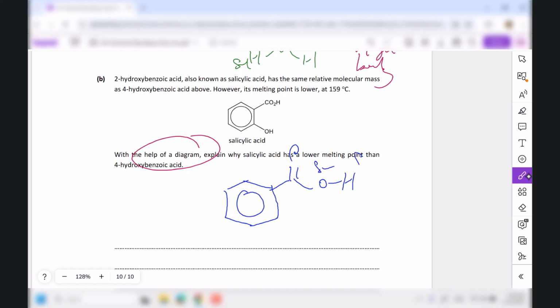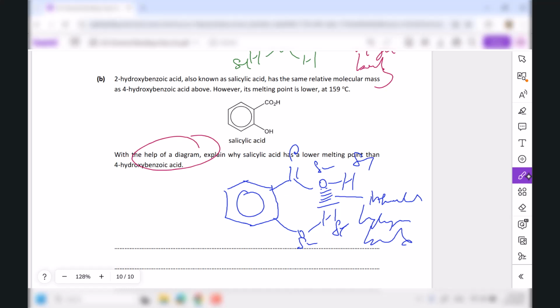It can be shown something like this. So delta minus delta plus, and then O and H. This is the intramolecular hydrogen bonding. So the reason why salicylic acid has a lower melting point than 4-hydroxybenzoic acid is because intramolecular hydrogen bonds exist within salicylic acid due to the close proximity of the OH and CO2H functional groups.